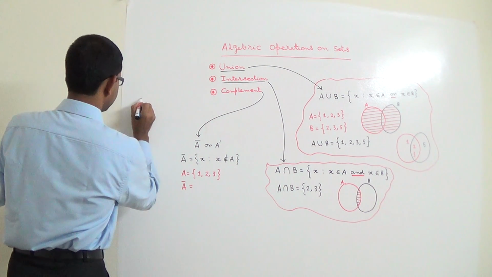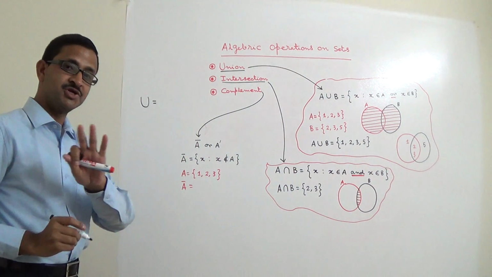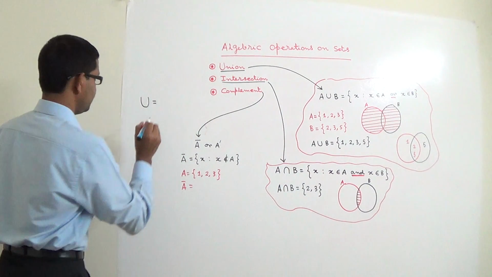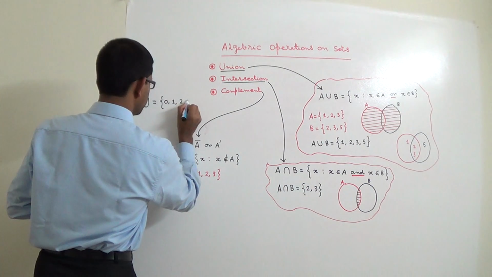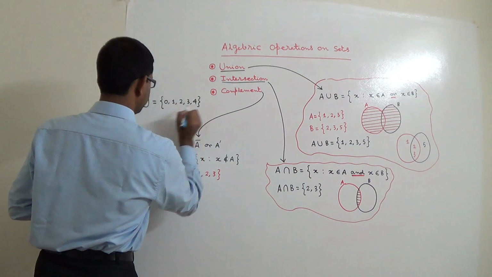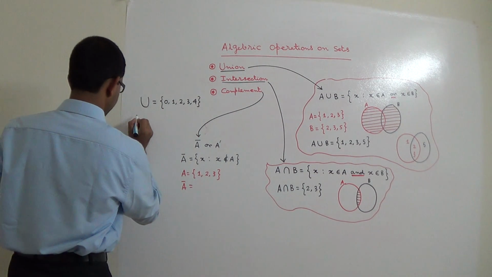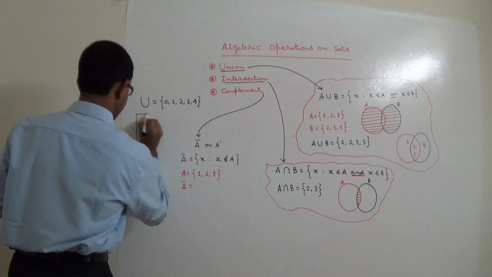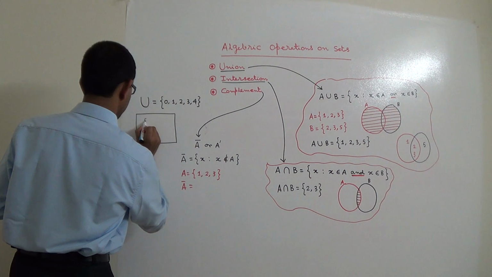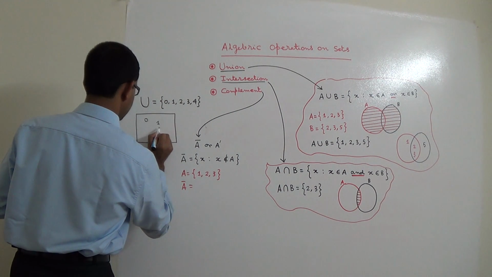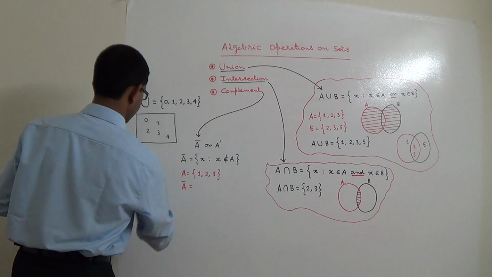Let's take an example so that it will be more clear and we can compute A bar. Let's take the universal set U equal to 0, 1, 2, 3, 4. In the Venn diagram, universal set is described in a rectangle, so it will be 0, 1, 2, 3, 4.